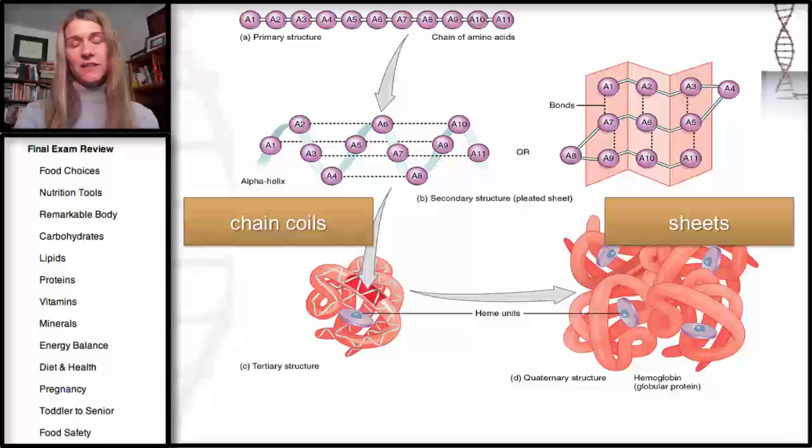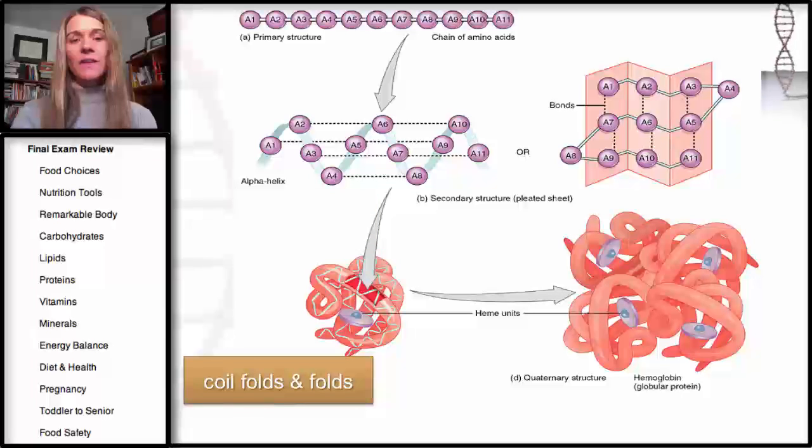Now, the secondary structure of a protein is either a chain and a coil, as you can see on the left there, or folded into a sheet, as you can see on the right. So this is the secondary structure. The tertiary structure is actually when it coils and folds on itself.